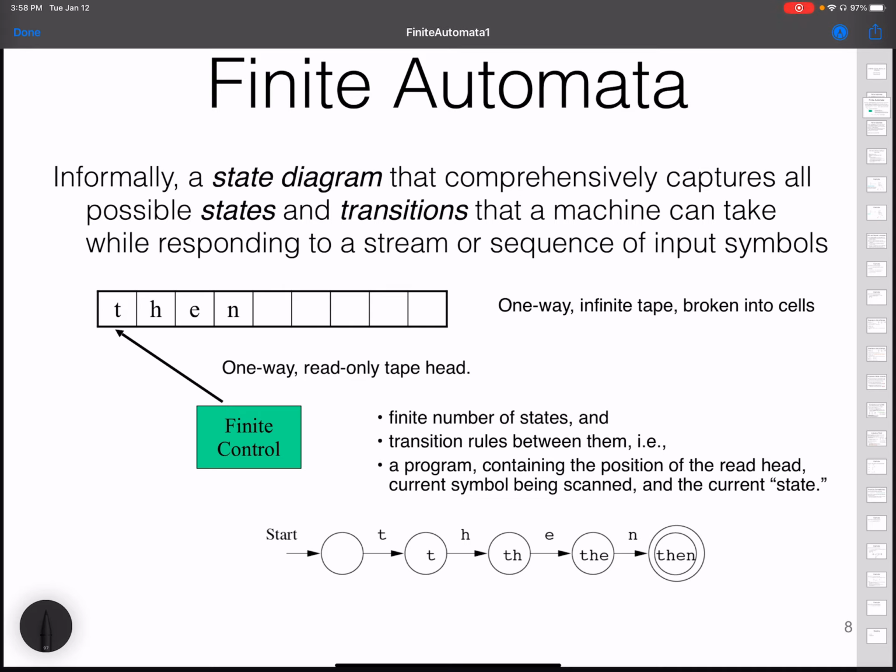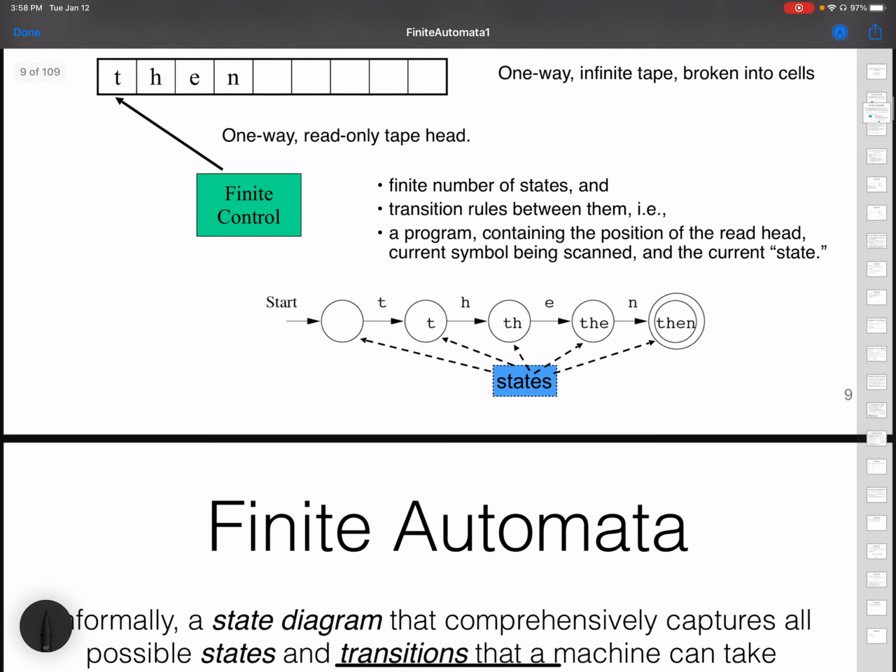That is going to be the start state. Then whenever you see a T, it goes to this state that shows you that you just saw one T, and whenever you see an H, it goes to this state that tells you that you just saw a TH, and so on. So these are the states, and these are the transitions.